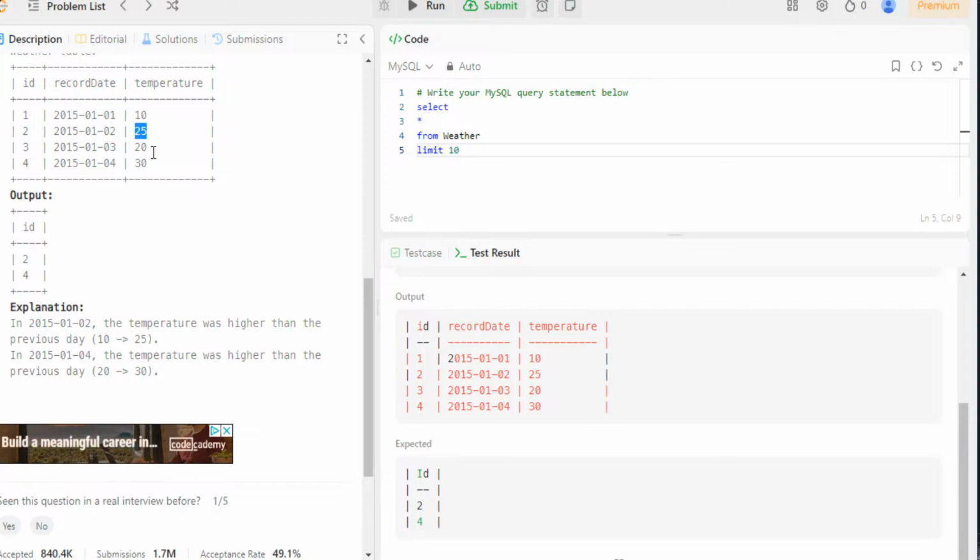I thought it's 10, 25, 20, and 30. Yes, but 30 is higher than the third, and the 25 is higher than the 10. But 20 is lower than 25.